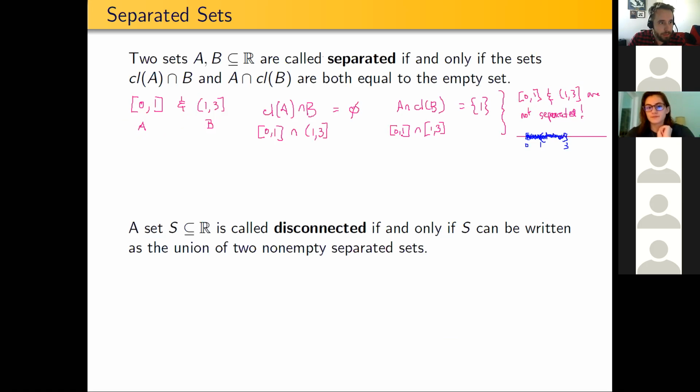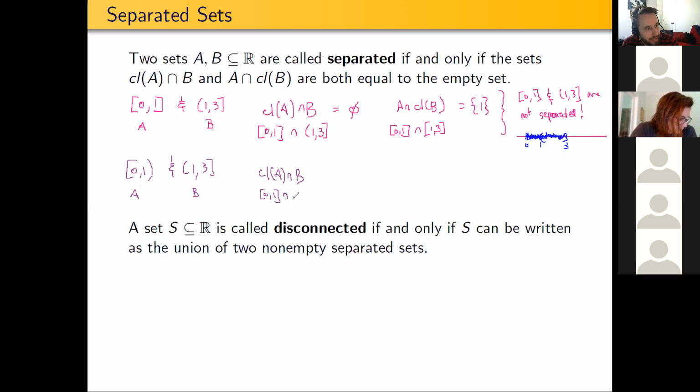Example 2, which is exercise 7.3, is to consider the sets 0 to 1, but let that be open, and 1 to 3. That's going to be our A and our B. And notice this time, neither set contains the number 1. And indeed, if we calculate again the closure of A intersect B, once again, this will be 0 to 1 closed, intersect half open, 1 to 3.